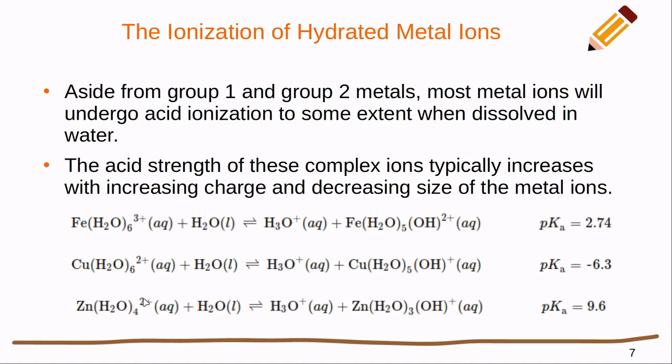We've got a small ion with the 2 plus charge. Where we have a larger ion here with the copper, we're seeing that it has a relatively low pKa. And then if we increase the charge but keep it roughly the same size as the zinc, we are going to see some intermediate amount here of pKa.